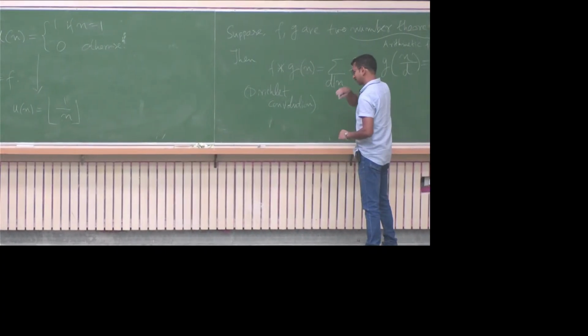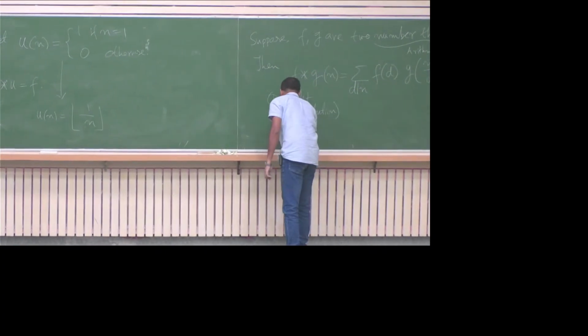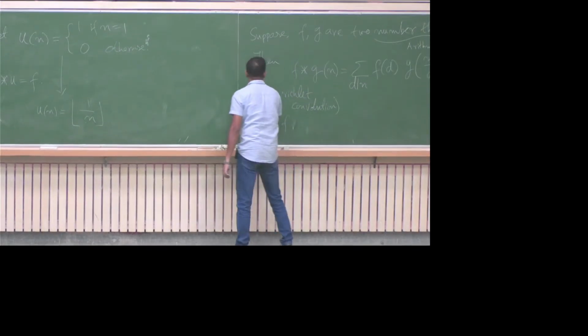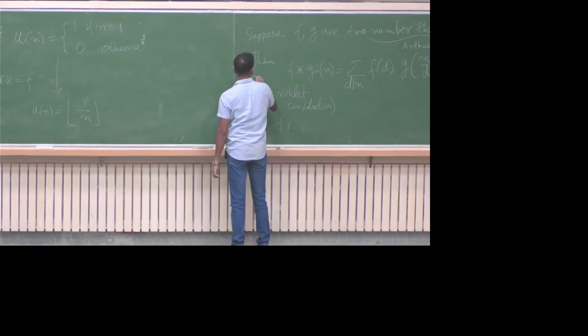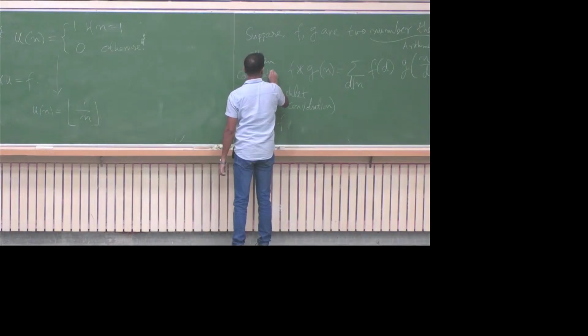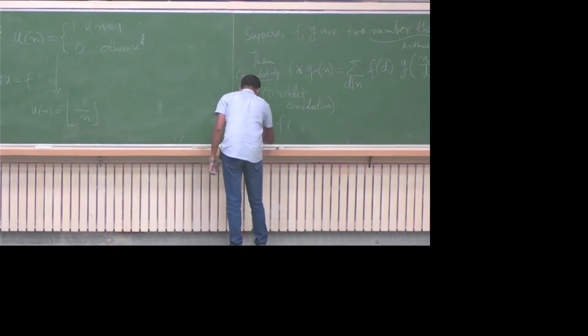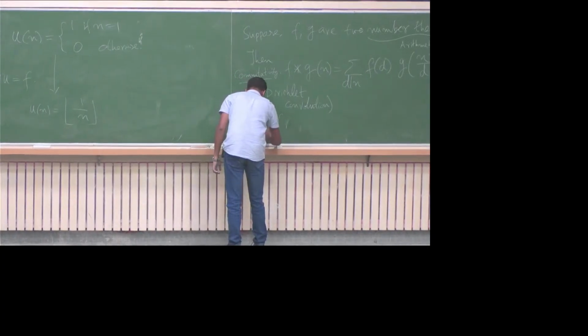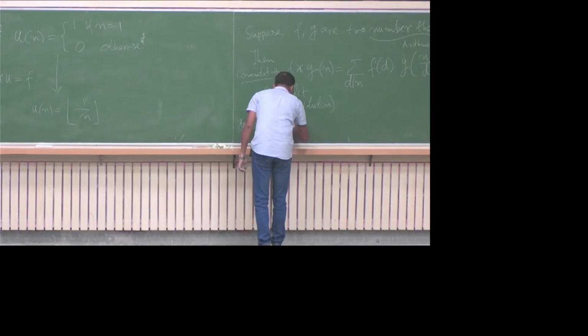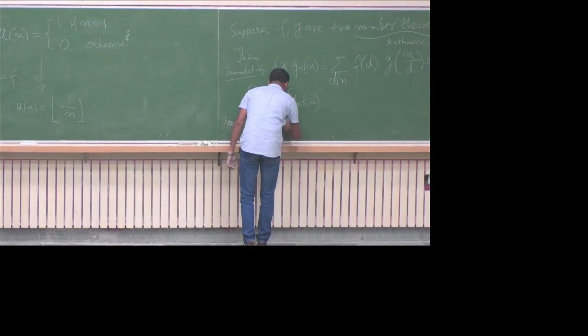So we have commutativity, and associativity: f star g star h.